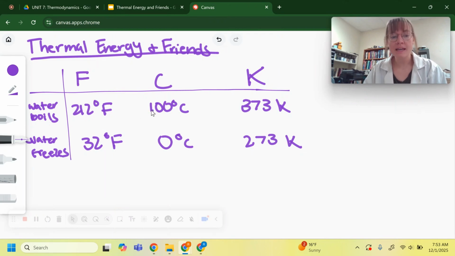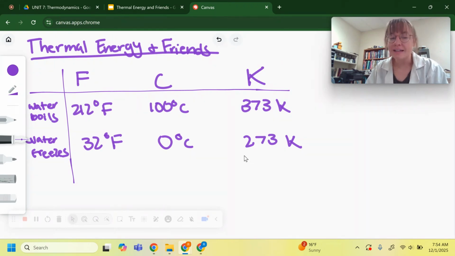And we'll say that the particles have an average kinetic energy of 0 at the freezing point of water. And so then Celsius kind of acts as a relative scale. Actually, all of these are relative scales, but they're showing about approximately how warm or how cold something is based on the average kinetic energy of the particles. And for Celsius, it's based off of water, which is very, very nice.